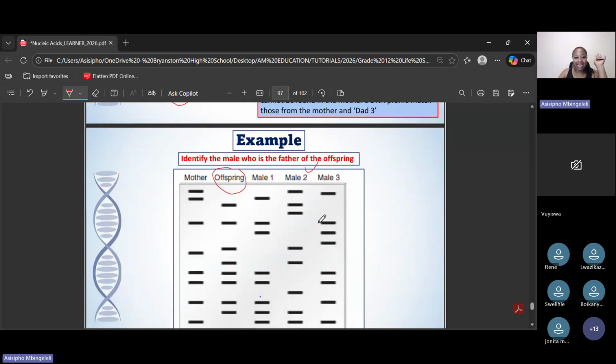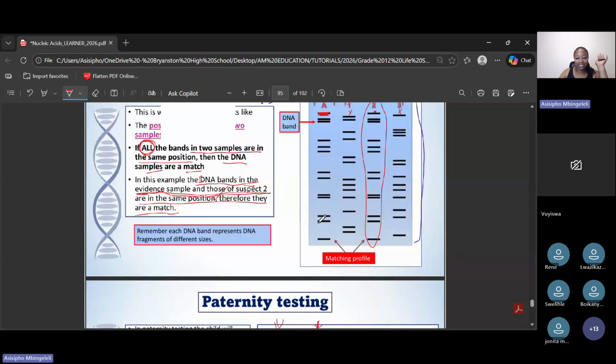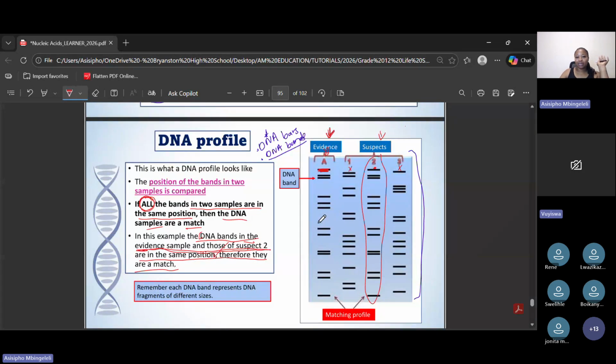Okay. The marking here is very strict. We don't speak. I would say all the bands match the suspect, the evidence. Thank you. Guys, here they are too strict.